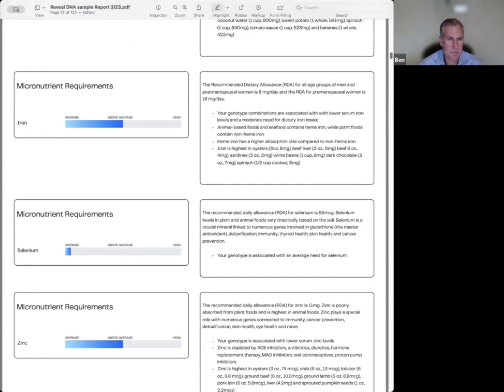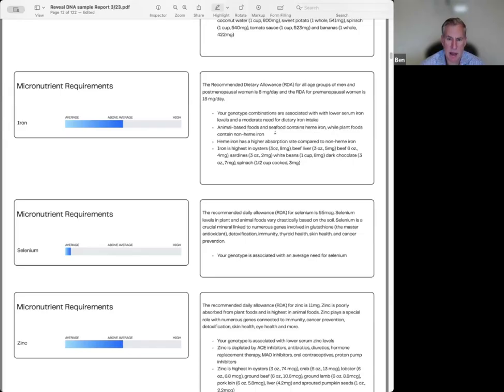Iron, and again, any questions, just throw it in the chat box. This person has an above average need for iron, kind of the same story, but you can see that heme iron has a higher absorption rate than non-heme iron.